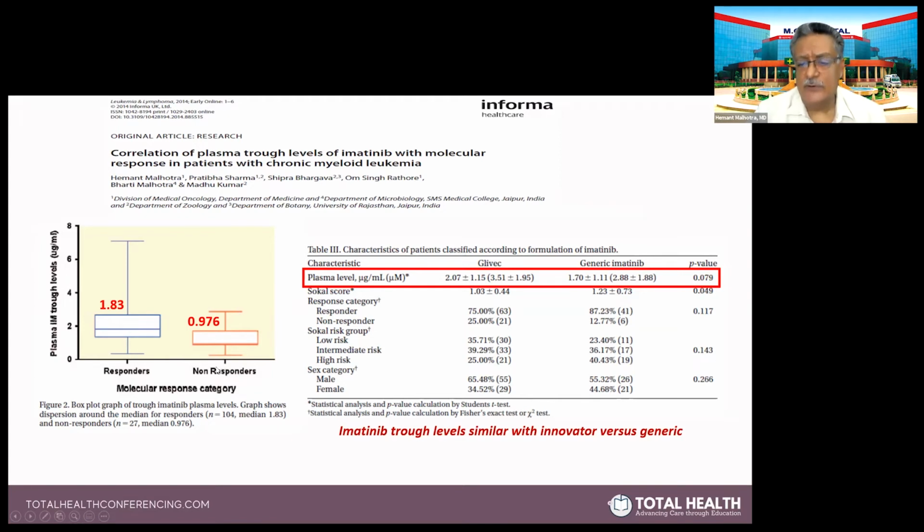And more important for today's talk is that we found that in patients who were given Gleevec versus those given standard Indian imatinib, there was no difference in the imatinib trough levels. So there is ample evidence. In addition to my study, there are at least 5 or 6 other studies from India and the rest of the world which confirm that quality generic imatinib is as good as the innovator.